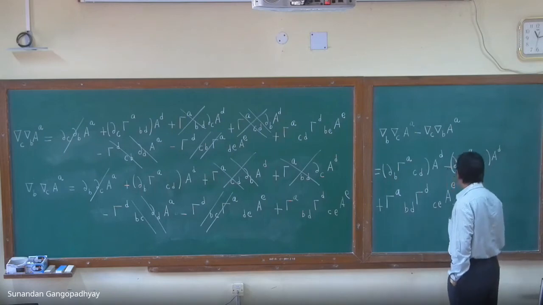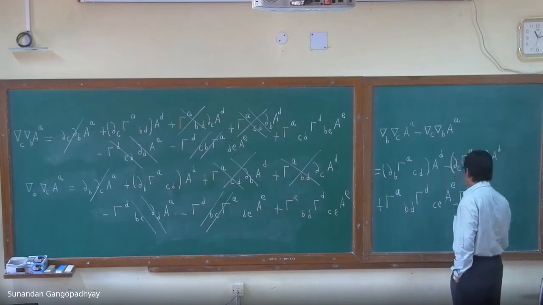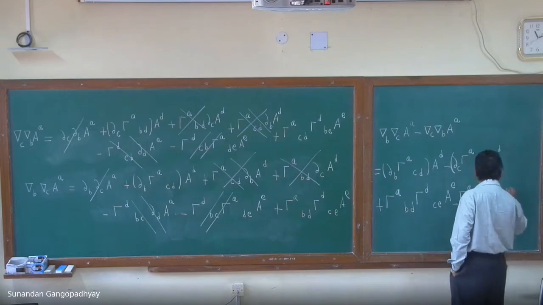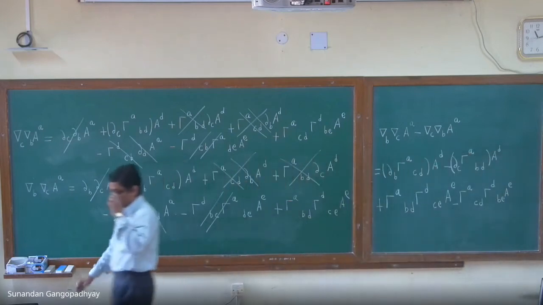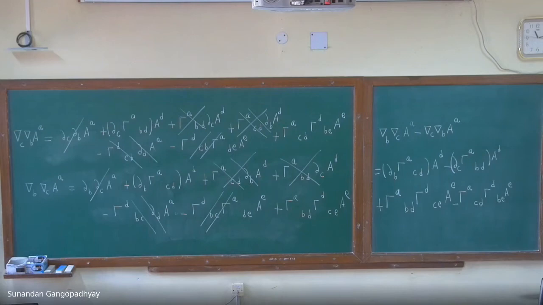Minus gamma A C gamma B. So that is all. Please check whether you have got this or not. You have got it? Good.